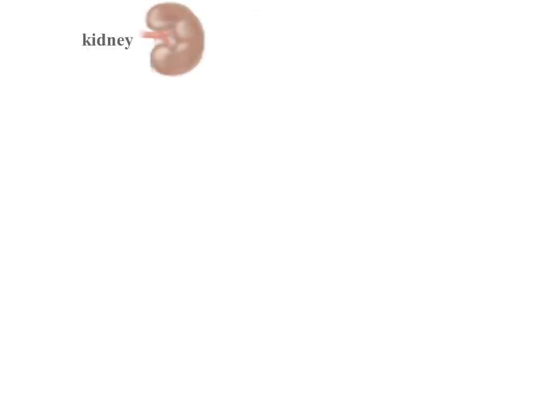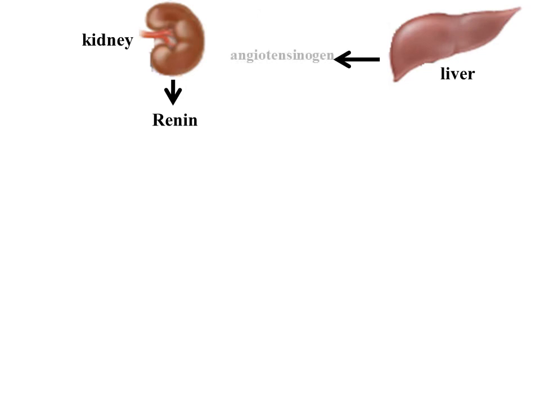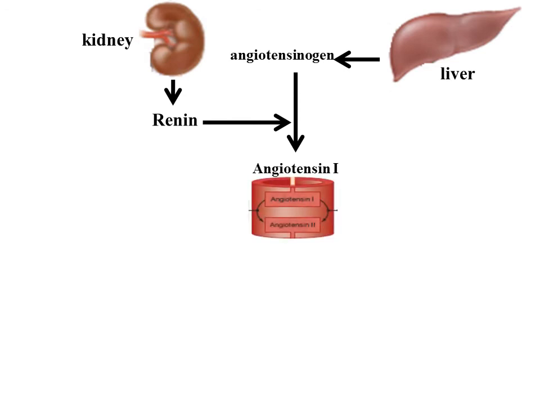To summarize the lecture, the kidney produces renin, which acts on angiotensinogen produced by the liver and converts it to angiotensin 1. Angiotensin 1 is converted in the lung into angiotensin 2 by the effect of the enzyme angiotensin converting enzyme.